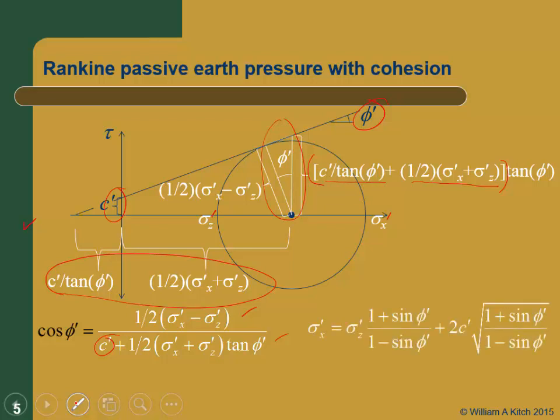And now when I solve for sigma prime x, it's not as neat as it was. I get that sigma prime x is sigma prime z times 1 plus sine phi over 1 minus sine phi. That's the same, right? That first term is the same as we had before. But I now have a second term that is not multiplied by sigma prime z. Notice this is a function only of c and phi.